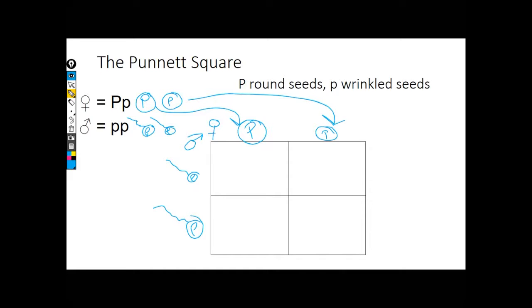Okay. This is one of your checkpoints. Everything that's in front of these boxes should be haploid. Okay, I should only have one of every allele.